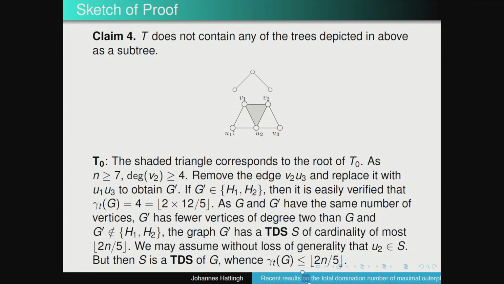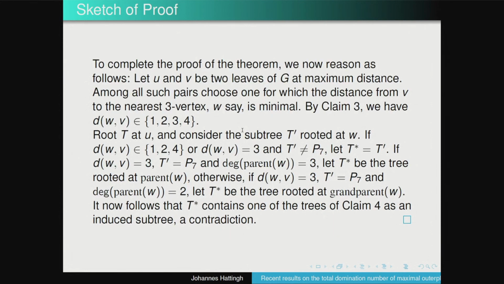And remember, then we can assume that gamma_T of that is at most 2n divided by 5. And then next we assume that this u2 is in the minimum total dominating set, which then tells me that gamma_T of G is at most the floor of 2n divided by 5, which is what we wanted. Okay, so obviously this cannot occur, and then you have similar proofs for each of those other trees.